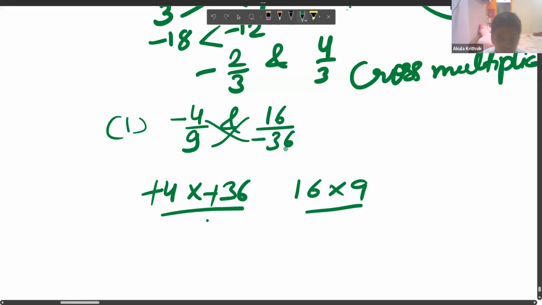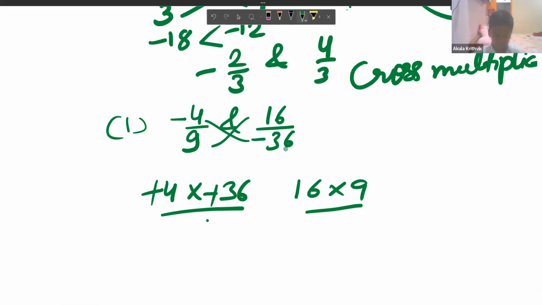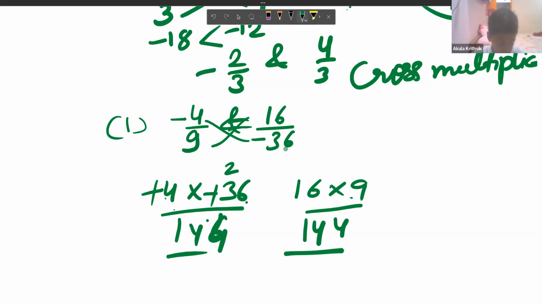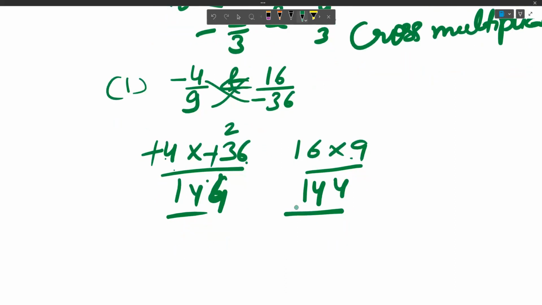Then 4 6s are 24, 4 3s are 12, 144. And 16 9s are also 144. Both are the same, na? Cross multiplication, both are equal means both numbers are the same. Okay. So I'm giving you one question. Please complete that one.